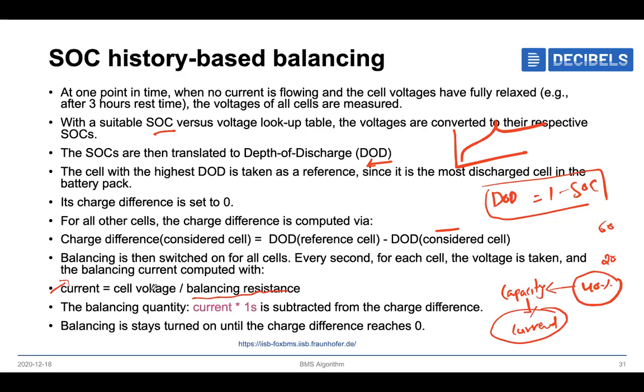Cell voltage we can measure by sensing the voltage values. Then after getting the current, if you multiply again with the time, it becomes the capacity. So it's nothing but charge. We'll put that charge into the selected cell. So this is the algorithm which we'll be using for balancing the cells.